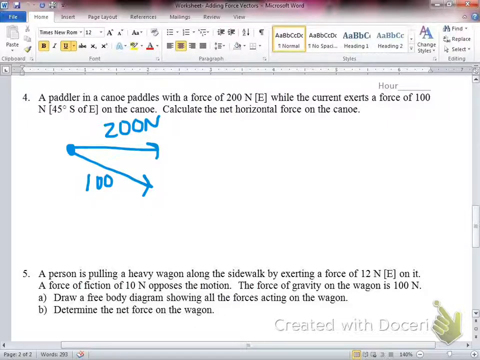This example might be easier for you if you draw them as two separate vectors. If this diagram is confusing you, you can draw them as two separate vectors, or if you want to keep them on one diagram, that's fine also. But since they're both heading in the same direction generally, it might be easier if you draw them as two separate vectors. That's up to you.